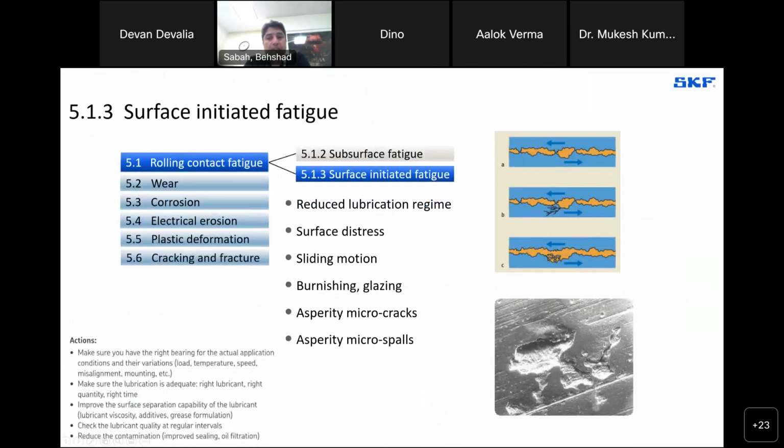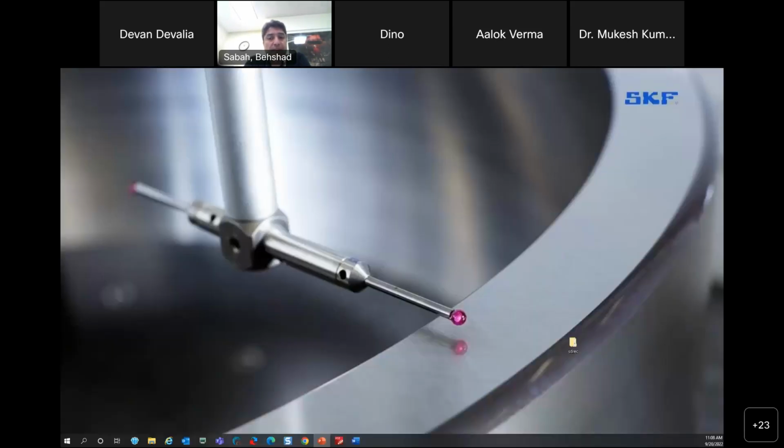Good. And I think the next question is related to this slide. It says, please elaborate on the additive effect on surface initiated fatigue. I think you said the EP additive has some role there, right? Yes. We're not talking about lubrication proper here, but the way extreme pressure additives function is by chemically reacting with the surface of the steel. So there's actually an interaction.